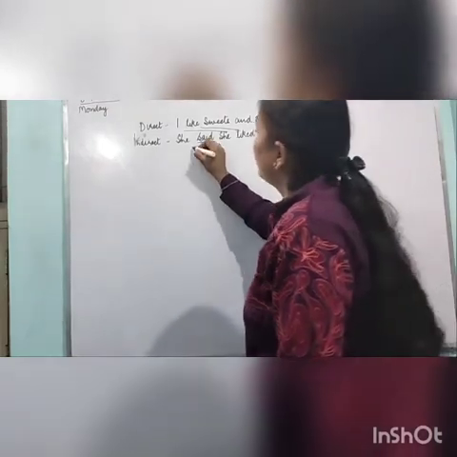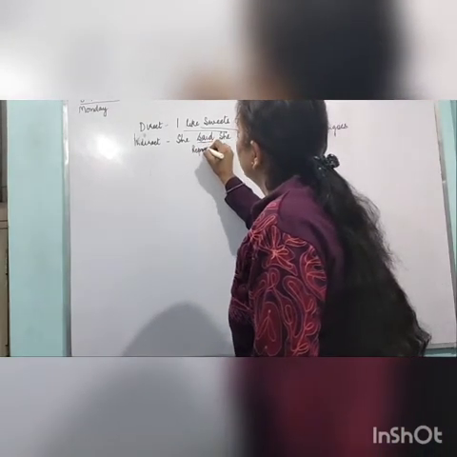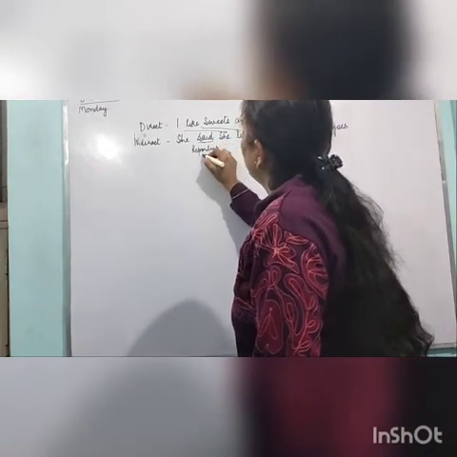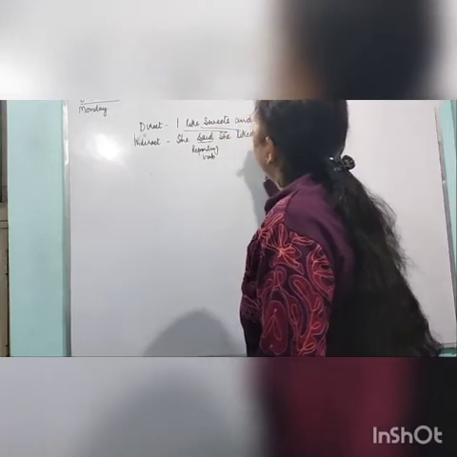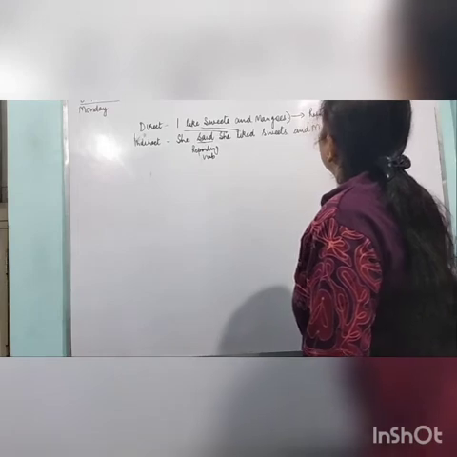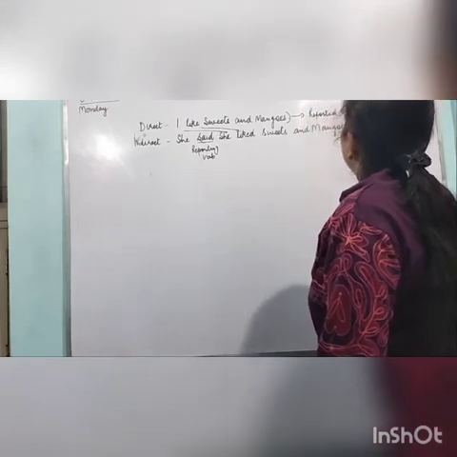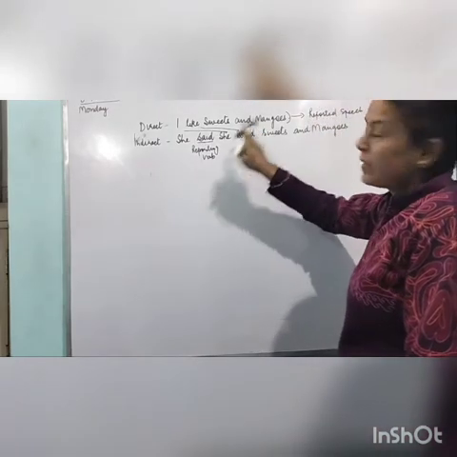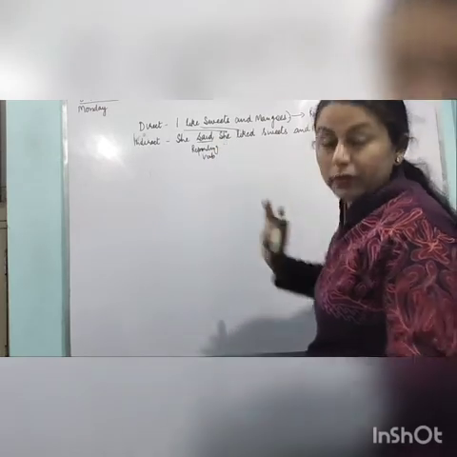This is called our reporting verb. और जो ये वाली line होती है, ये हमारी सारी reported speech होती है. This is called the reported speech, and this is our reporting verb. One thing is clear?